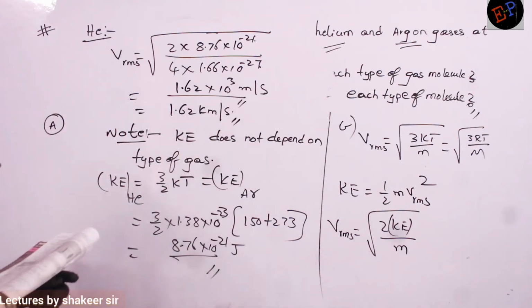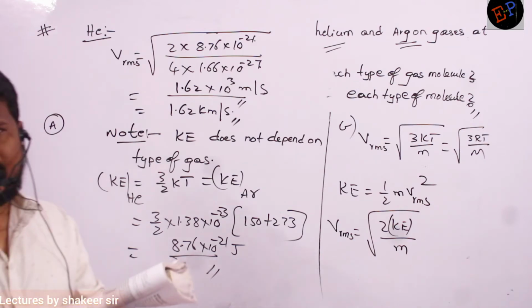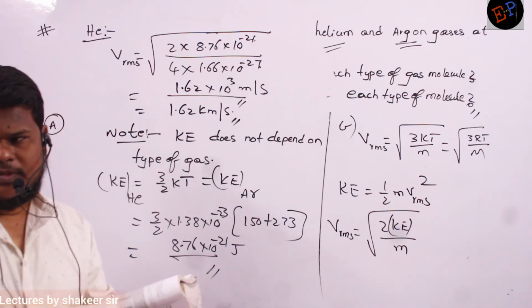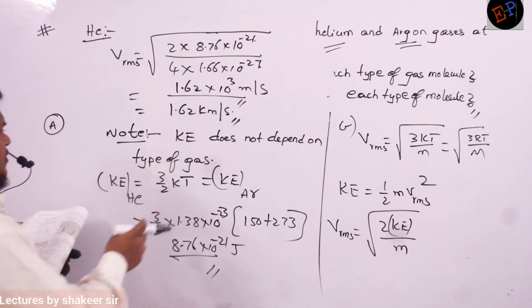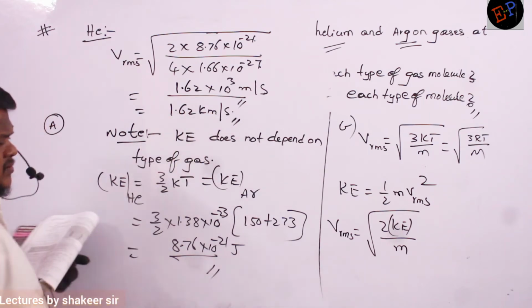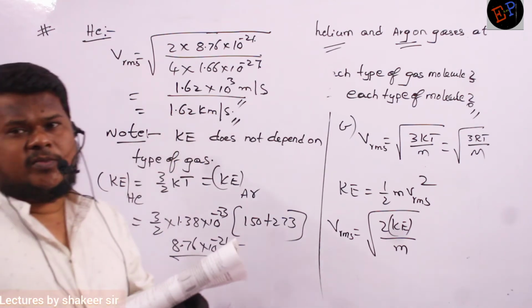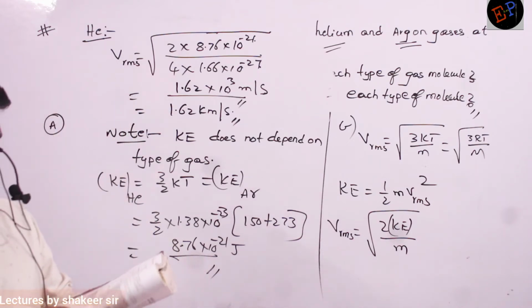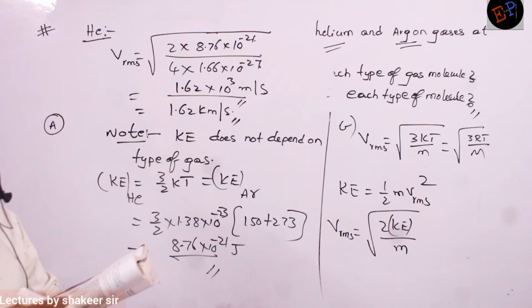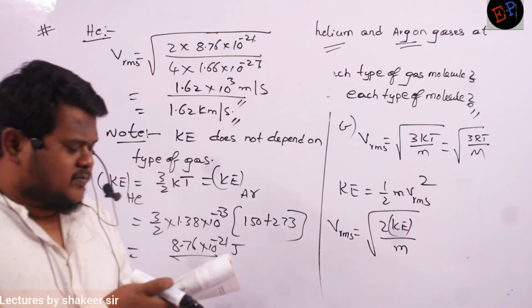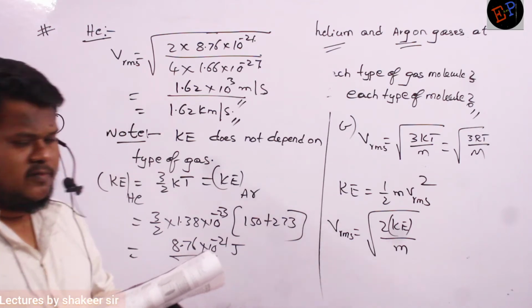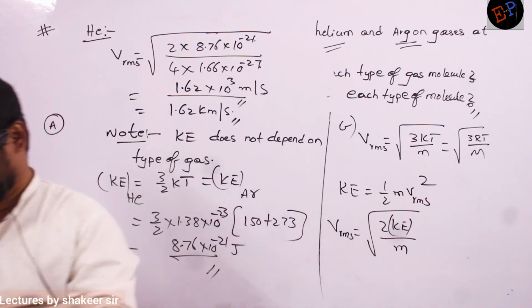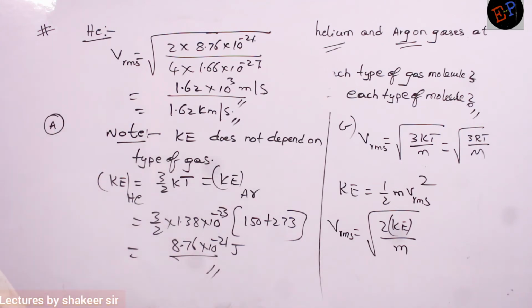This is the RMS speed of helium. Okay, very big speed, no? It means per second it is traveling with a speed of 1.62 kilometers. That is the speed of a helium atom. Similarly, you calculate RMS speed of argon, and it is equal to 514 meters per second. Okay, ma?